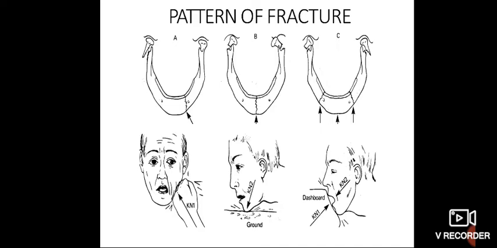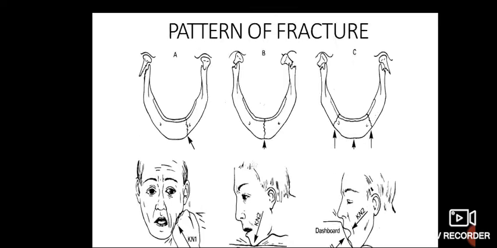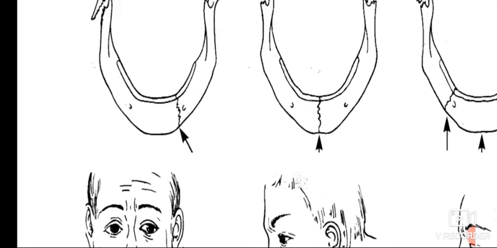As we have learned, we have three types of injuries: kinetic energy 1, 2 and 3. In kinetic energy 1, the patient is static, he is stable, and the object, in this case the fist, has come violently and hit him. So what will happen in kinetic energy 1?